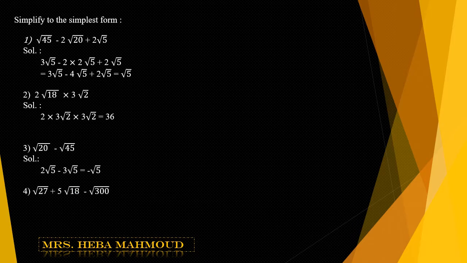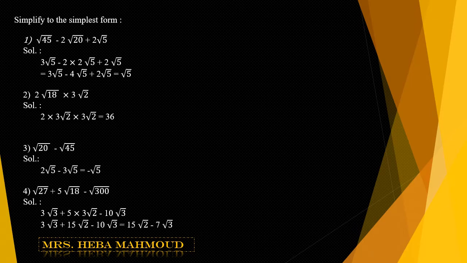Example number 4, the square root of 27 plus 5 times the square root of 18 minus the square root of 30. Solution: the square root of 27 by using a calculator gives 3√3, plus 5 times the square root of 18, which is 3√2, minus the square root of 30, which on the calculator will be 10√3. Now 3√3 plus 5 times 3, which is 15√2, minus 10√3.